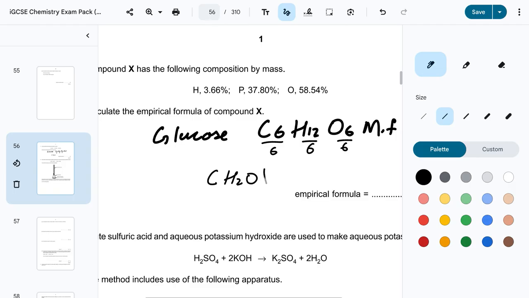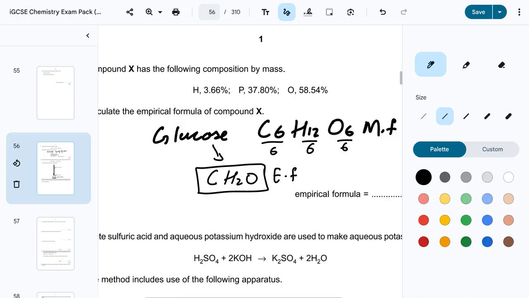So this CH2O is the empirical formula of glucose. The molecular formula shows the actual type and quantity of atoms or elements, but the empirical formula is the simplest ratio of the molecular formula.